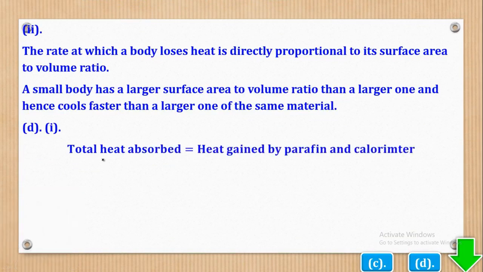Here I shall say that the total heat absorbed is equal to the heat gained by paraffin and calorimeter. Therefore, the one gained by paraffin will be this, and the one by calorimeter will be that. So you substitute.